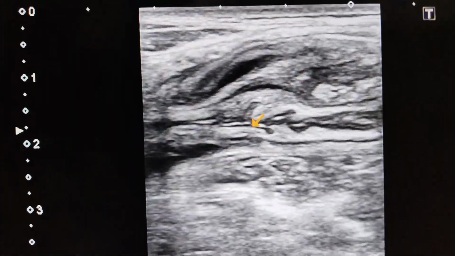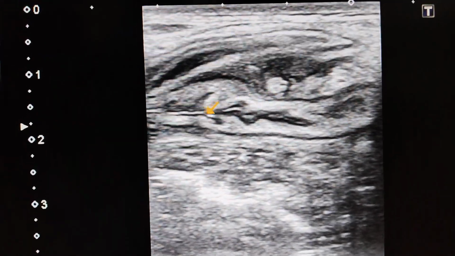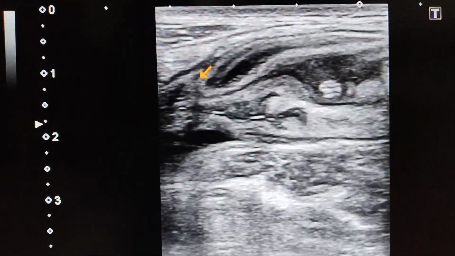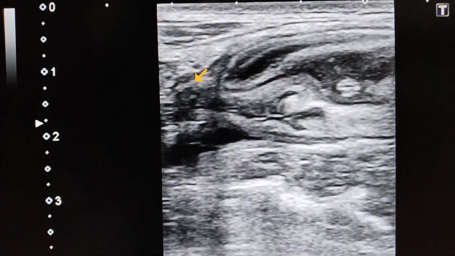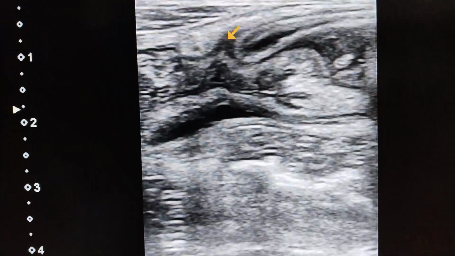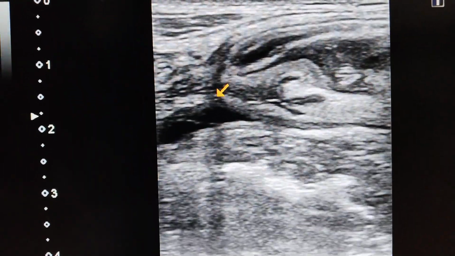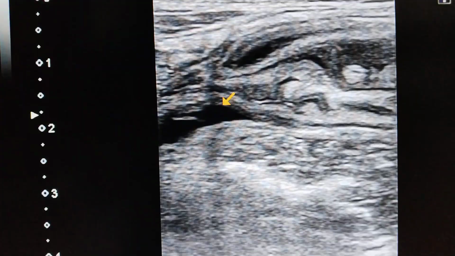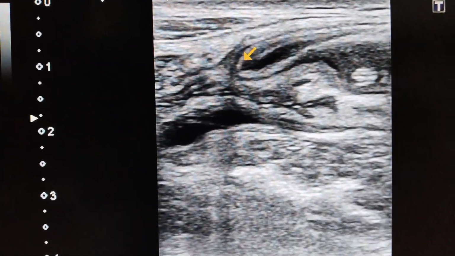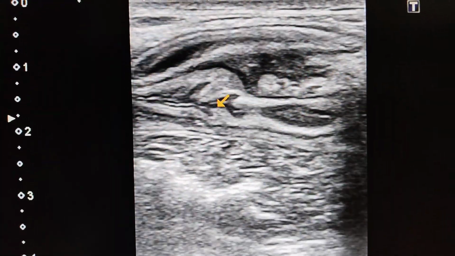And posterior to it, this one arising from the same gut loop. This is above and anterior, and this one is below and posterior to this gut loop. So this is the terminal ileum, and this is the appendix.